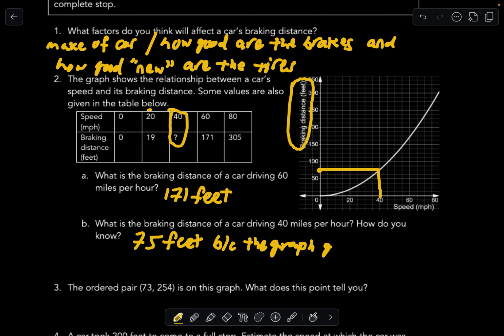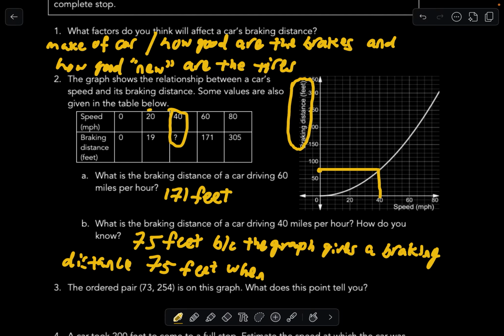The graph gives a value of a braking distance of 75 feet when x equals 40 miles per hour.